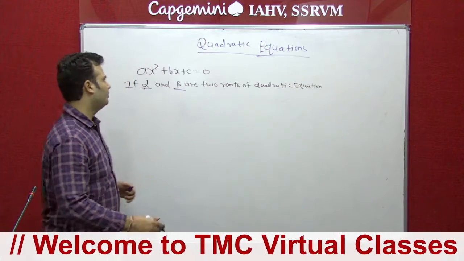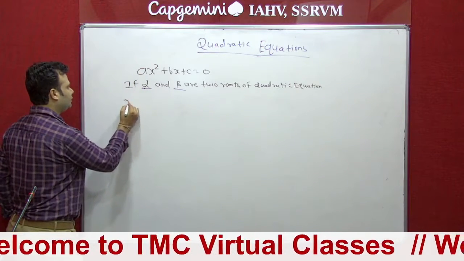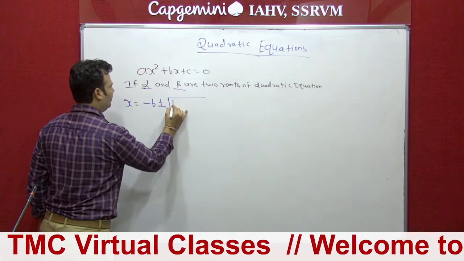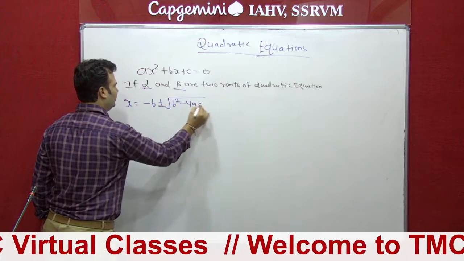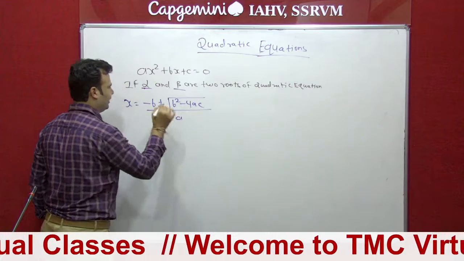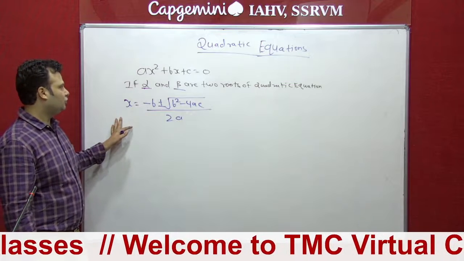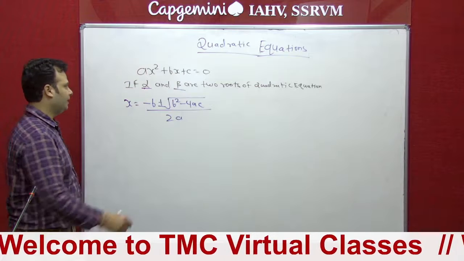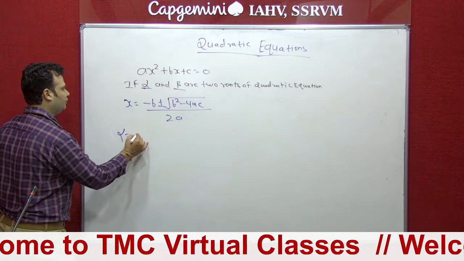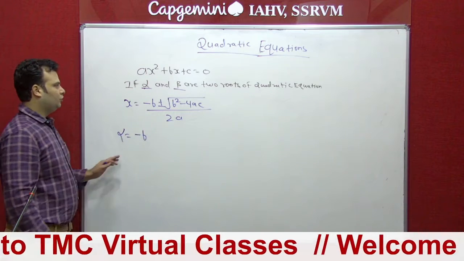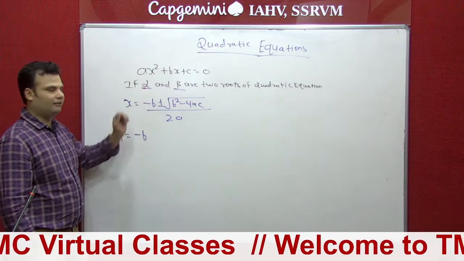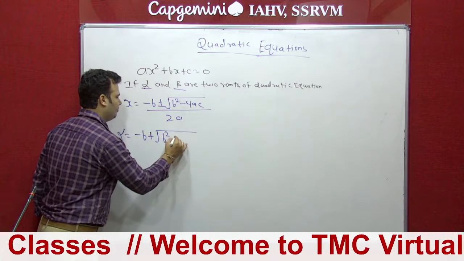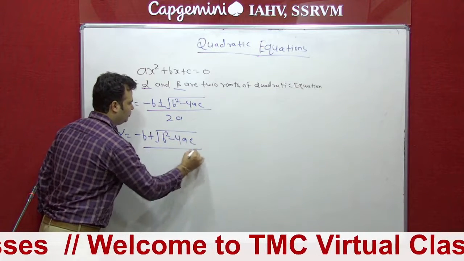So that time we know the formula that x equal to minus b plus minus square root of b square minus 4ac upon 2a. Correct? So this is a formula. One time we can take plus for alpha and minus for beta. So we can write in this way also: for plus we take alpha, so alpha equal to minus b plus square root of b square minus 4ac upon 2a.